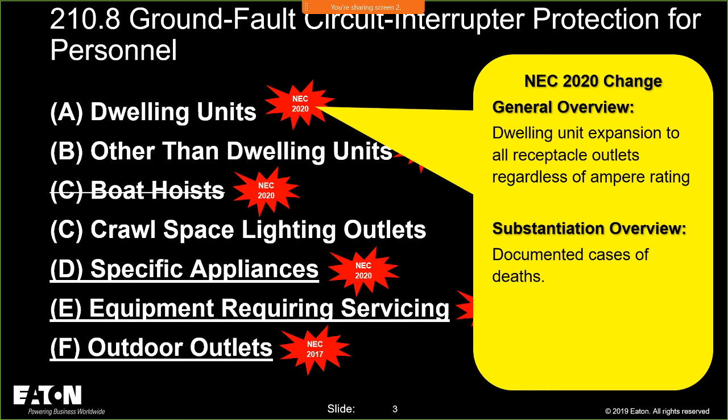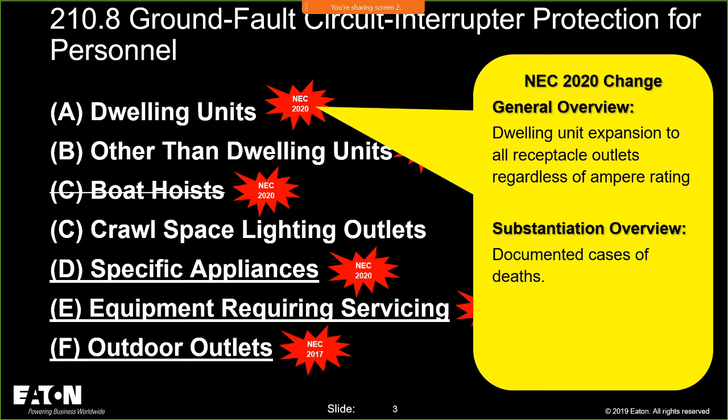Now, in dwelling units, one of the things we did in the 2020 version of the NEC was expand the dwelling unit requirements to all circuits, all receptacle outlets, and this is the important part, all receptacle outlets in the areas that are identified in 210.8(A).